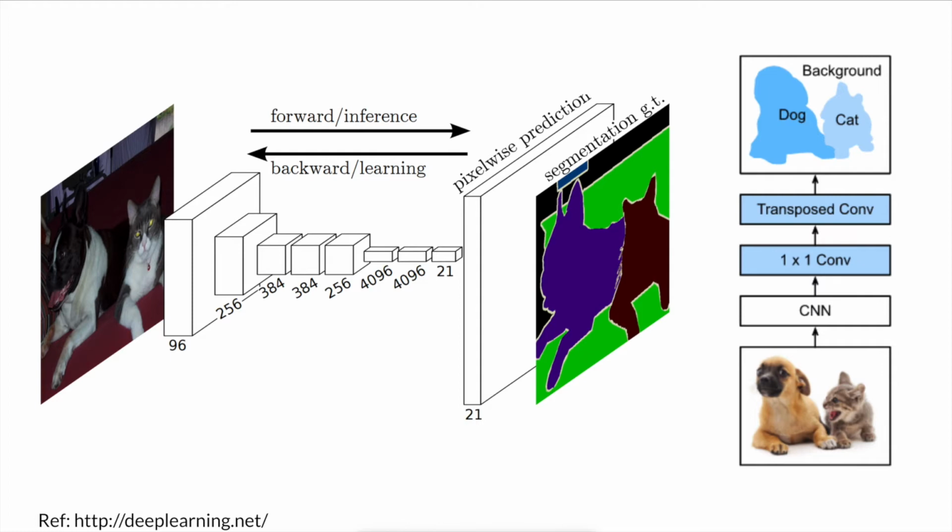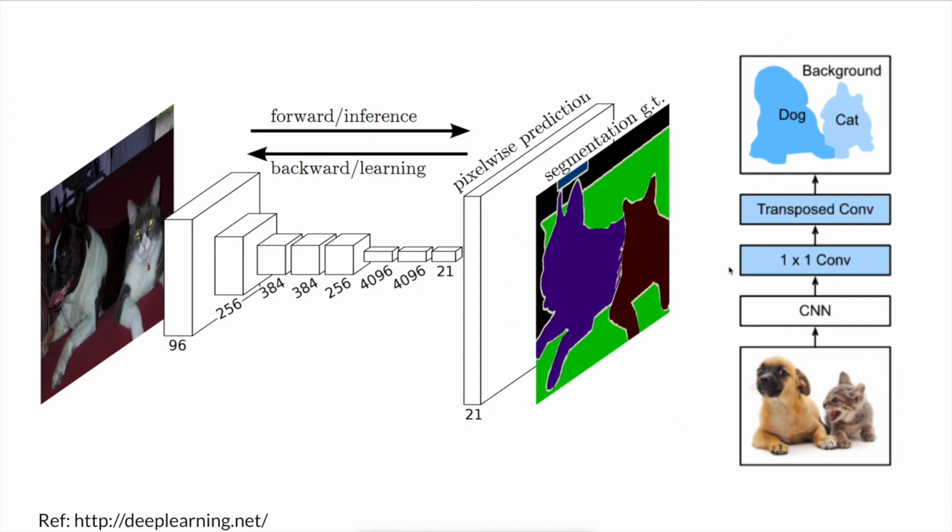For example, semantic segmentation. In semantic segmentation, each pixel has to be labeled as a class. So if you want to classify each pixel, then such a kind of network is required. There we can convolve the features one to one.